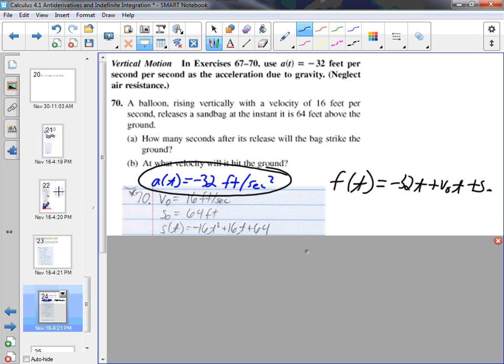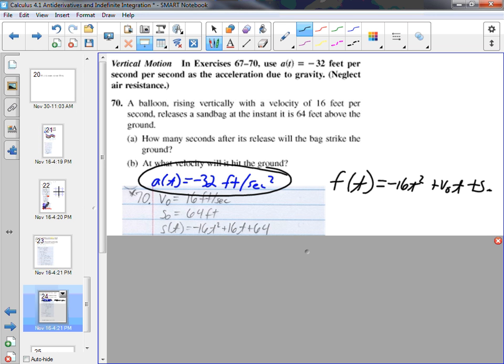So the position function is... oh, wait a minute, what negative 32? It was negative 16t squared. That was a close one. So it's negative 16t squared plus v0t.